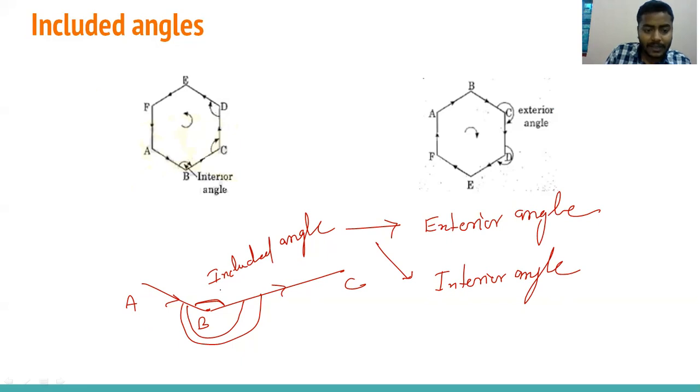The inside one we can call the interior angle, and the outside we can call the exterior angle, right? Interior or exterior, there are two types of included angle.